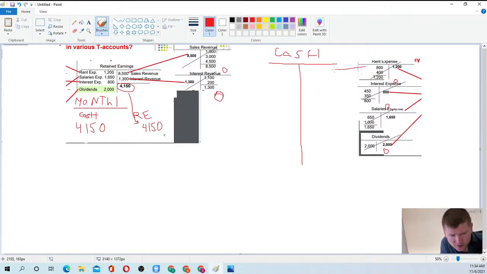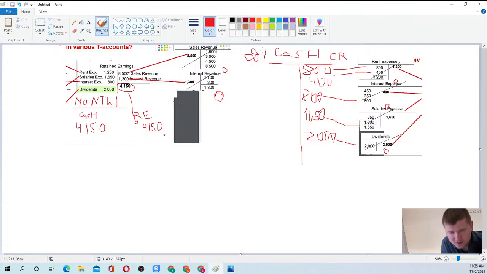So we got 2 of these here, 800, 400. I will make totals further, but we got 800 here, and we got 1650 here, and we got 2000 here from the dividends. And that's a credit. On the right we have credit, on the left we have debit.